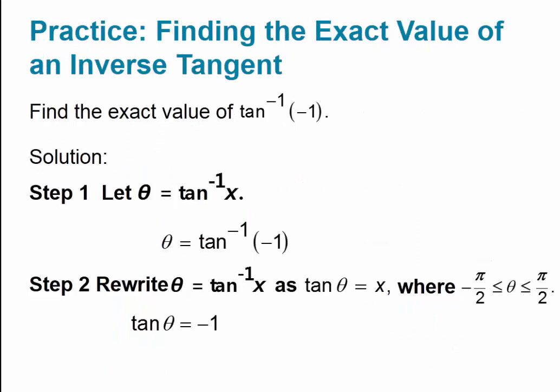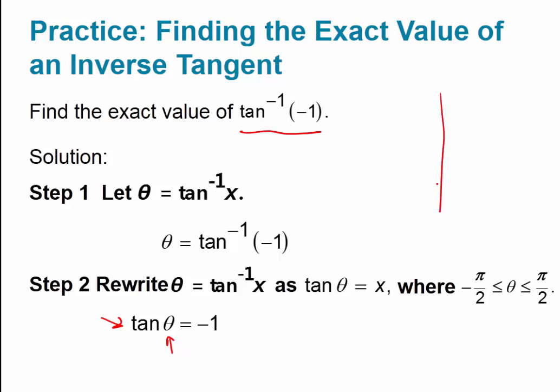Let's practice now finding the exact value of the inverse tangent. So we're finding the inverse tangent now of -1. Another way of thinking of that is: what angle would we need to put into the regular tangent function so that we would get an output value of -1?